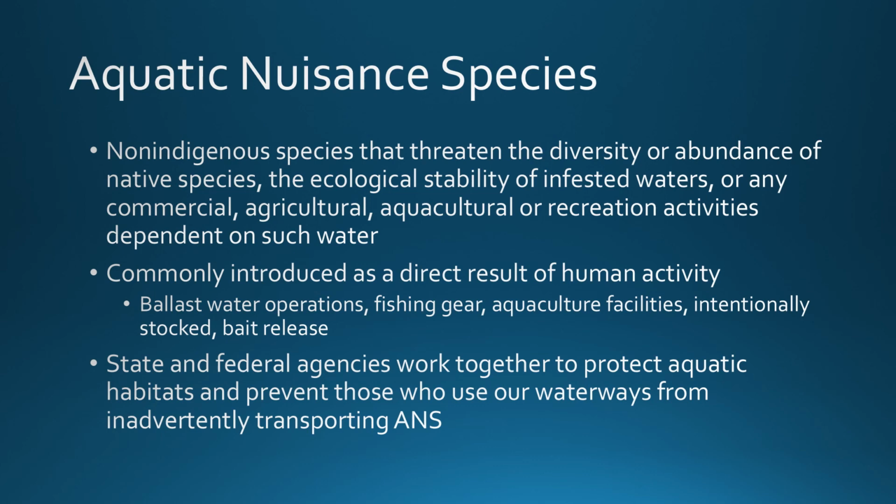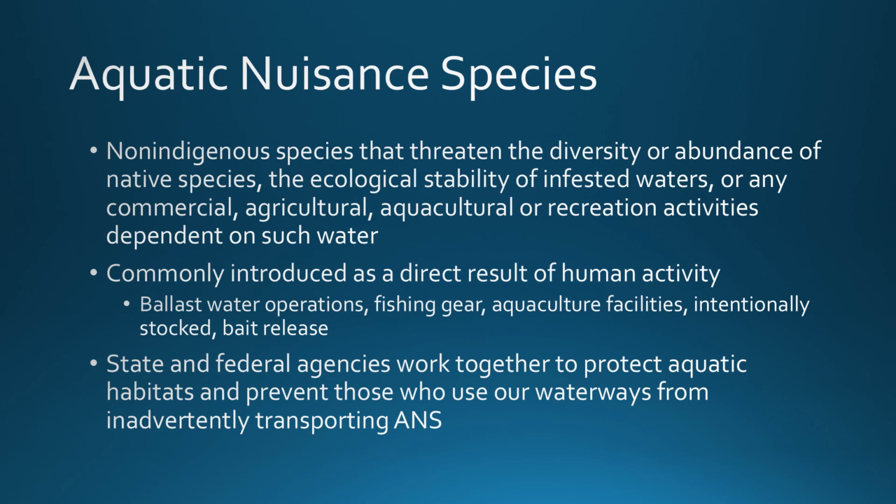Also, regulation of species is aquatic nuisance species. So these are non-indigenous species, also called invasive species, that threaten the diversity or abundance of native species, or any negative impact they have on the ecology or use of the water. So they're commonly introduced as a direct result of human activity, either in ballast water, through contaminated fishing gear.